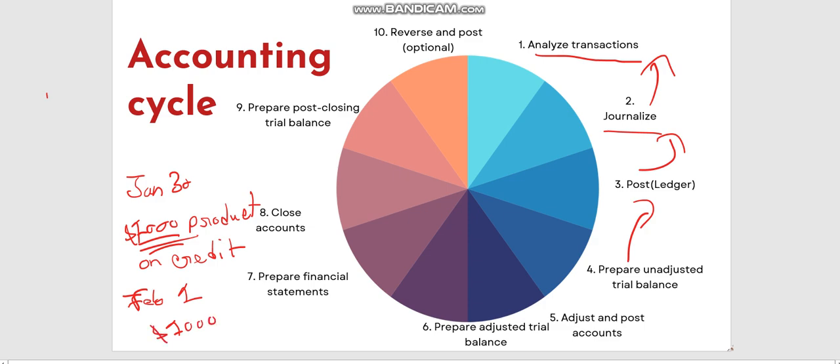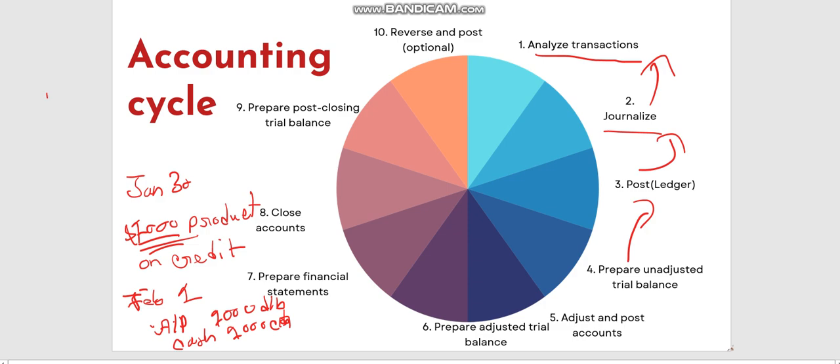This 1000 was paid. So the journal becomes accounts payable 1000 debit, cash, which is an asset, 1000 credit.